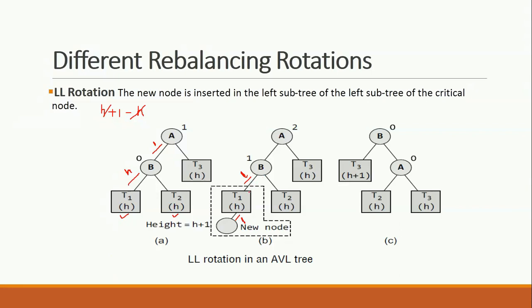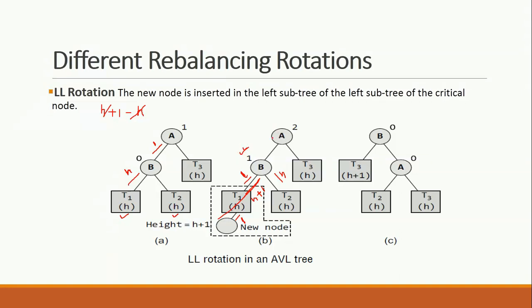After the insertion, this particular left subtree is now h plus 1. The height of left subtree is h plus 1, because we inserted one more node, and the right will remain h. The height of right subtree of B is h, so h plus 1 minus h will be plus 1, that is fine, we did not have any problem here.